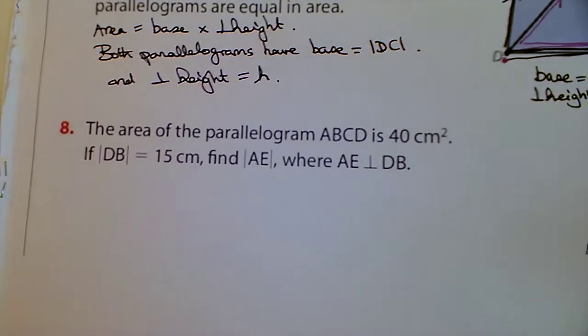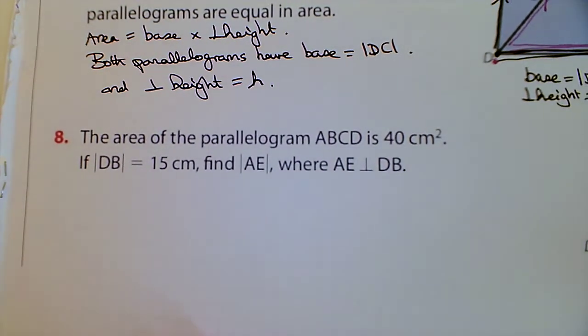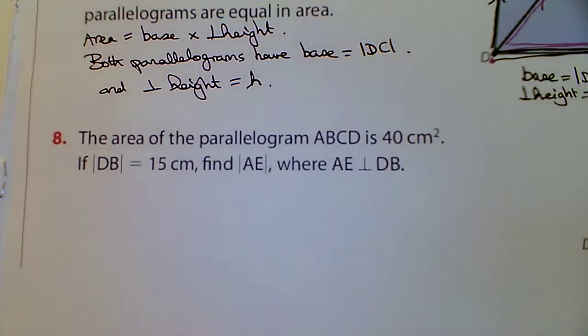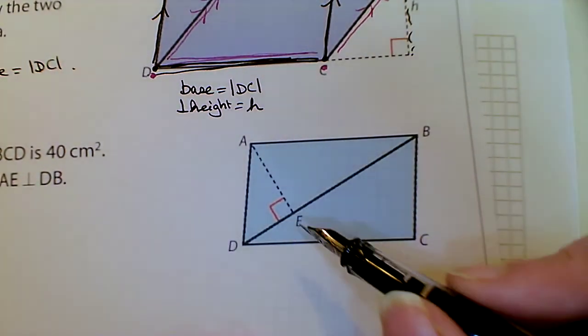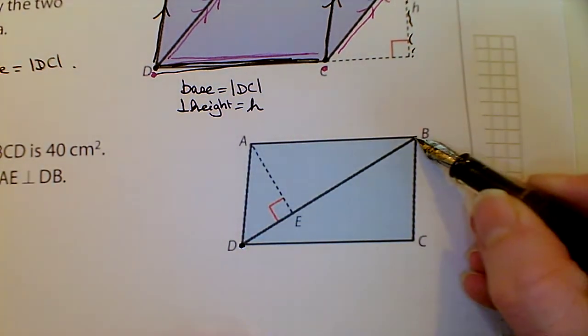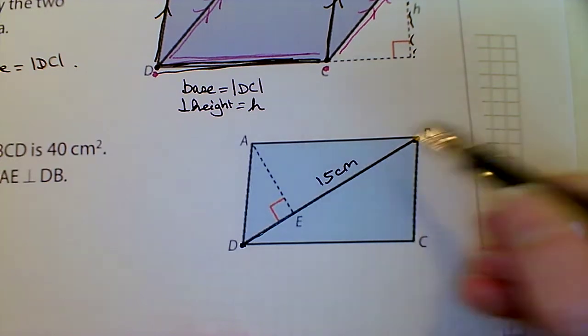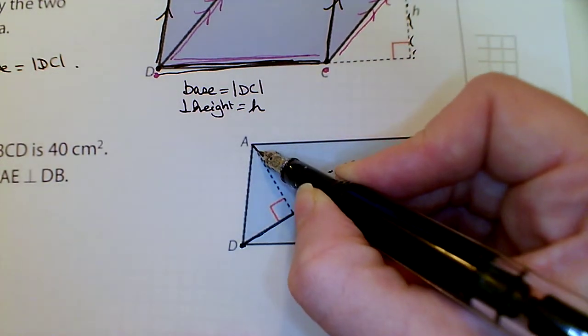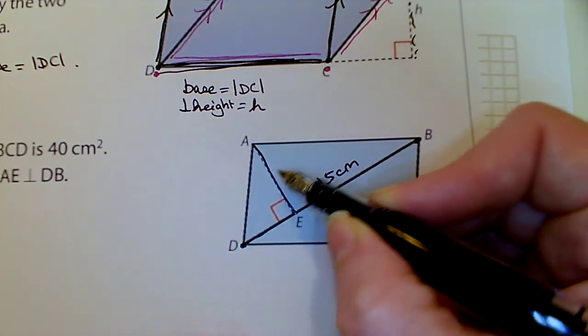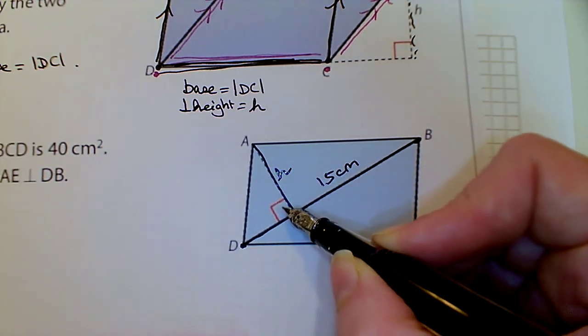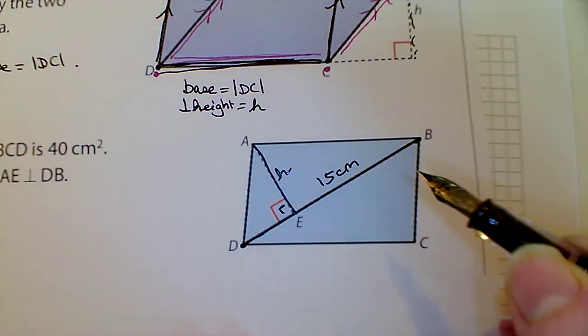Now, in question 8, the area of the parallelogram is 40 centimetres squared. If DB is equal to 15 centimetres, so this distance here, D to B, is 15 centimetres, we want to find AE, this height here. It's called H because it is a perpendicular height.